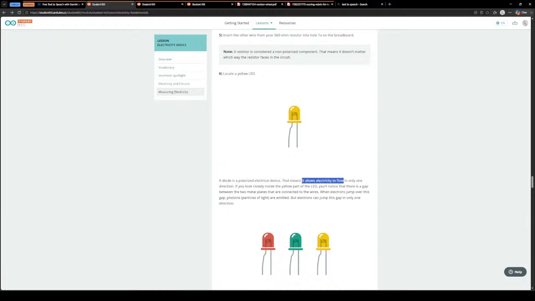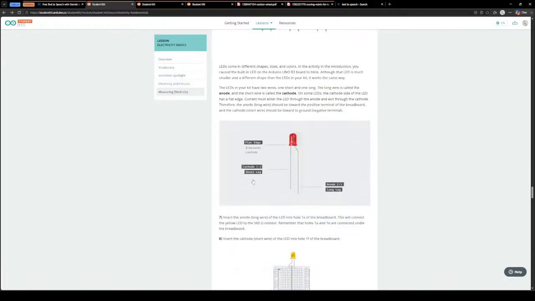That means it allows electricity to flow in only one direction. If you look closely inside the yellow part of the LED, you'll notice that there is a gap between the two metal plates. The electrons jump over this gap. Photons, particles of light, are emitted, but electrons can jump this gap in only one direction.